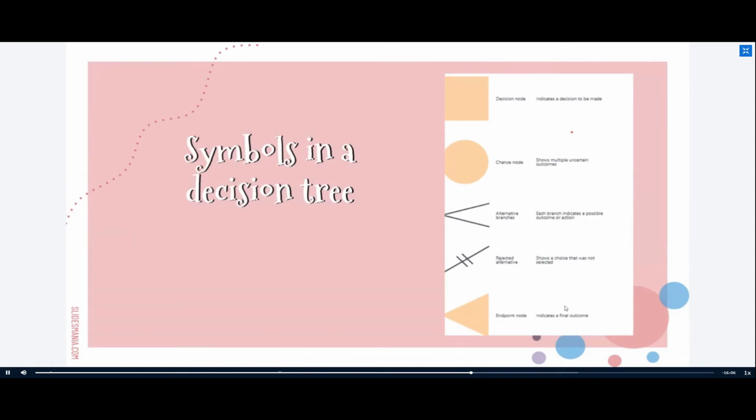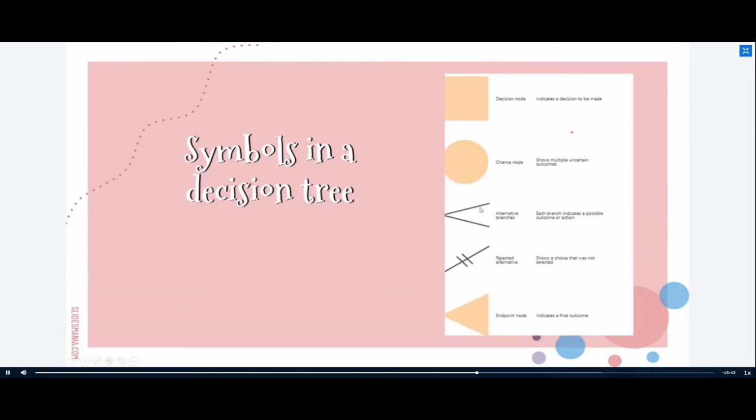Now, in a decision tree, we are using different symbols, no? So the box is a decision node, which indicates a decision to be made. The circle is a chance node. It shows multiple uncertain outcomes.